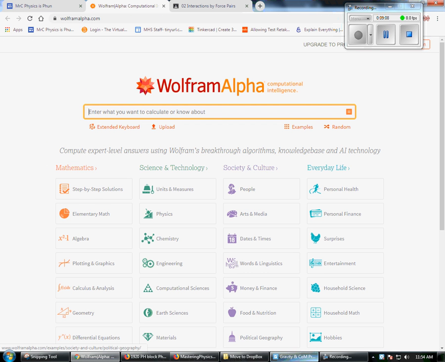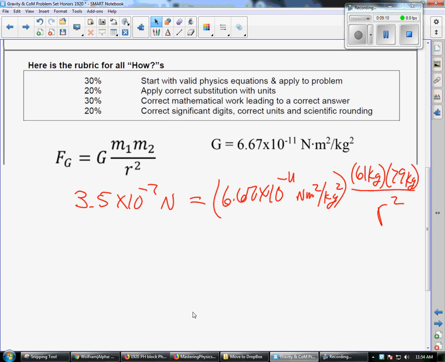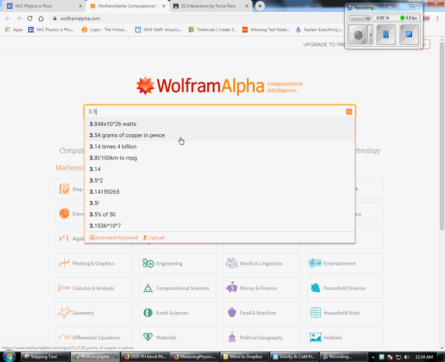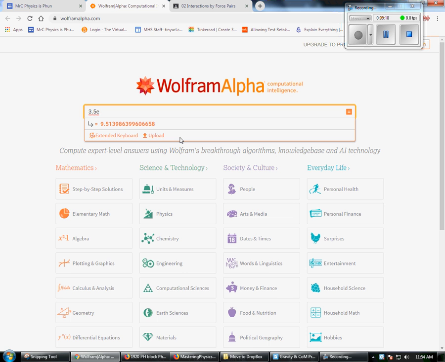So I'm going to go to Wolfram Alpha, and I'm going to put in my equation. So I'm going to put in 3.5, and here I use E, just the letter, because that's what they want.